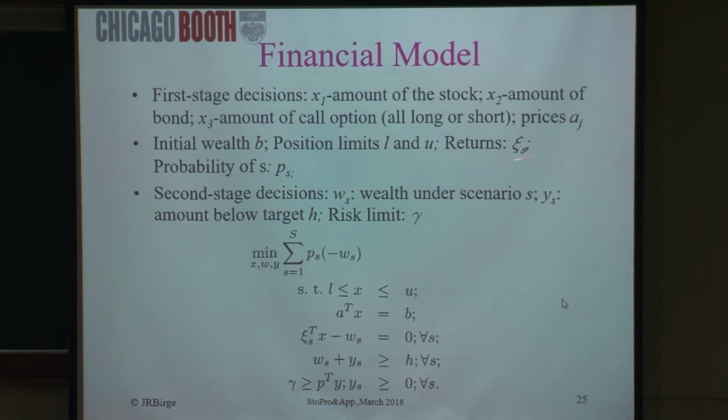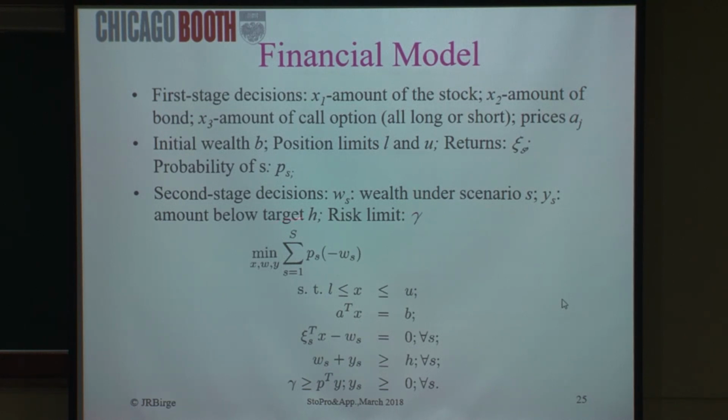My returns are represented here by C, and the probability of each scenario is P_S. My decisions determine the wealth under a given scenario, and how far I am below a target, since this was my risk limit.